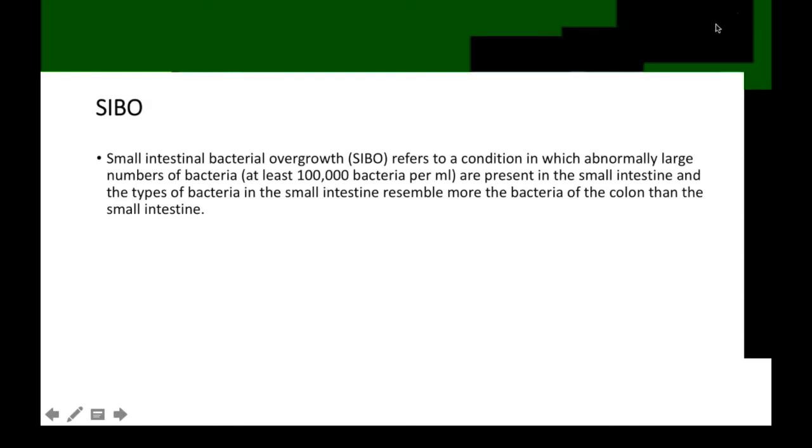But when we're talking about SIBO, what I'm referring to here is small intestinal bacterial overgrowth. Now, the definition of this is where there is an abnormally large number of bacteria, 100,000 per milliliter, present in the small intestine.